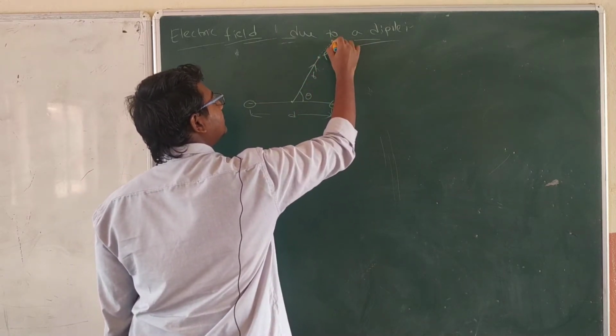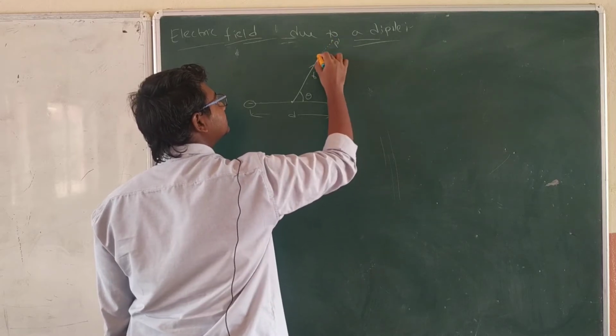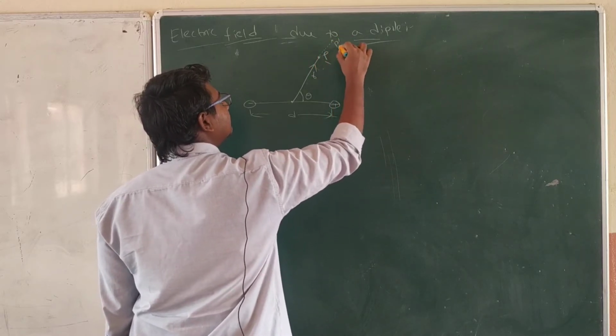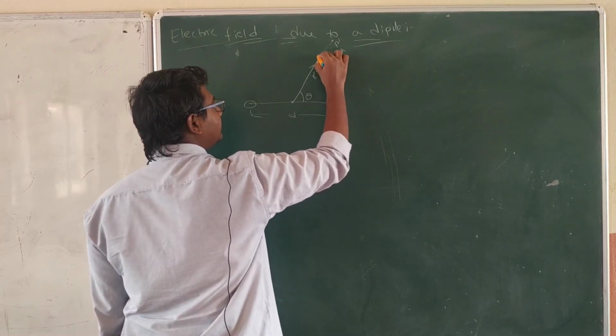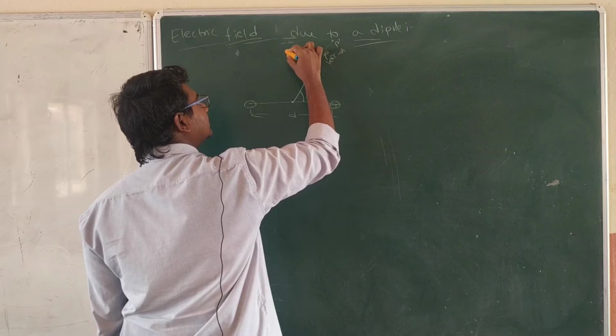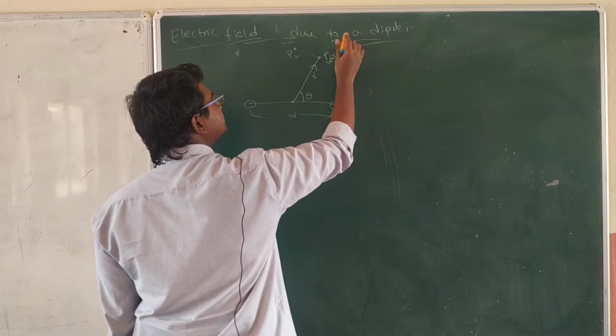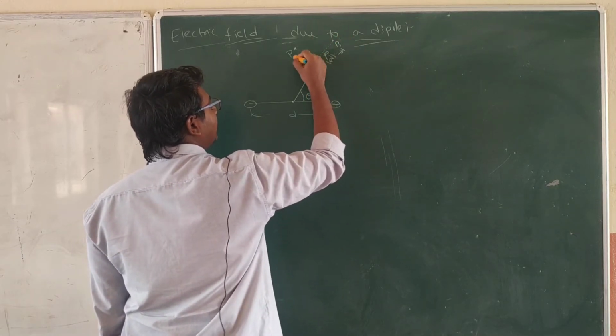Up to here I have given some displacement, P dash. That displacement is a small displacement dr, and from here to here, P2. This is P1, this is P2.